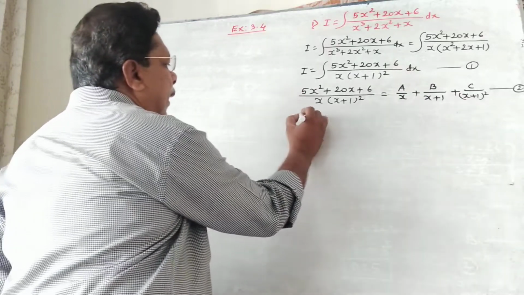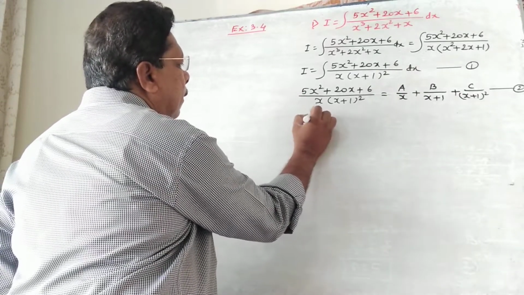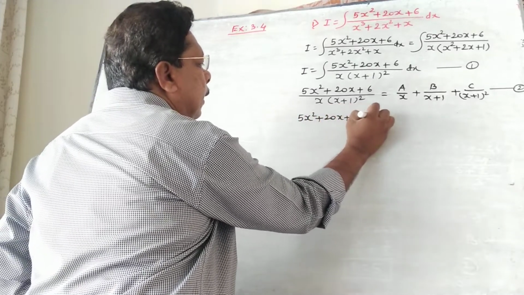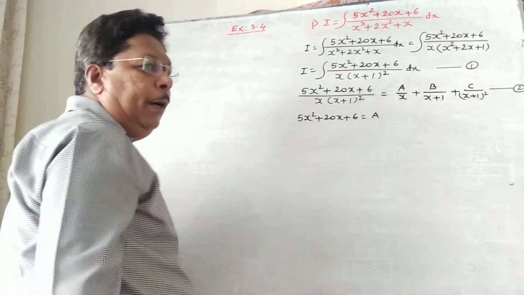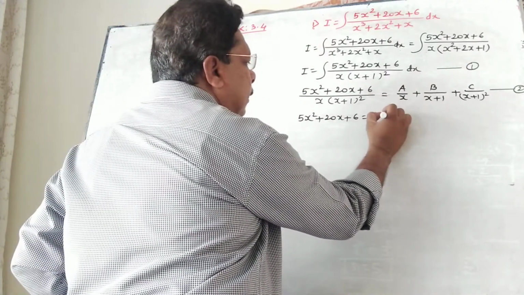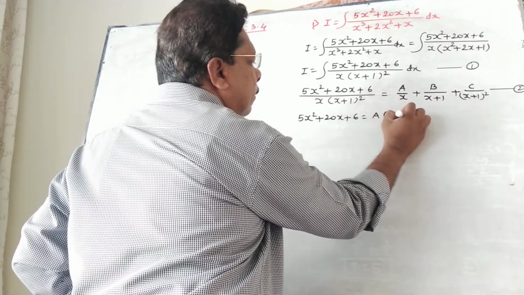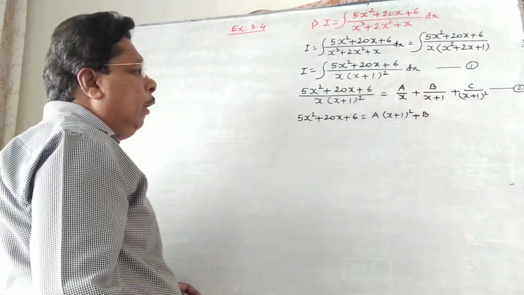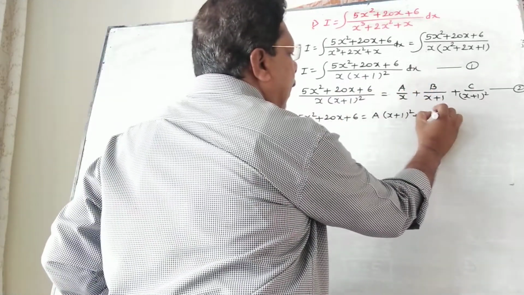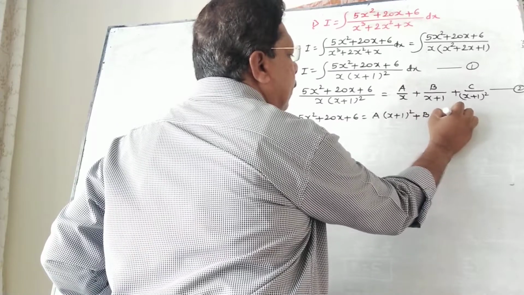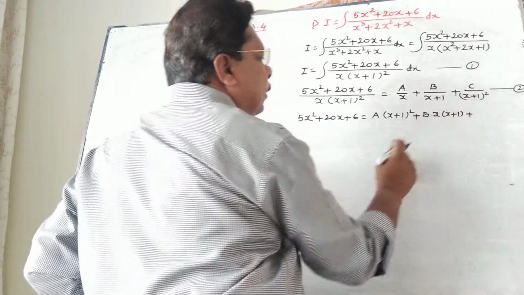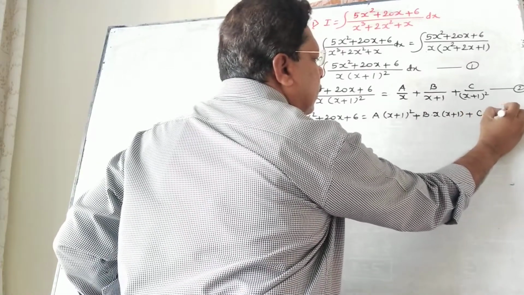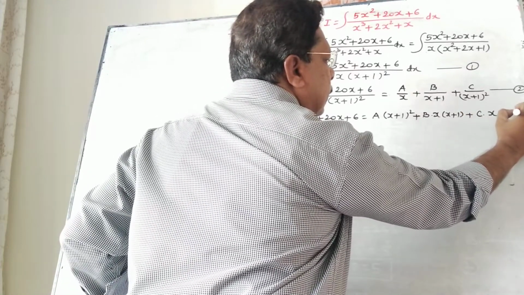So here the numerator is 5x square plus 20x plus 6 equals A into x plus 1 whole square, plus B into x into x plus 1, one factor of x plus 1 remains, plus C into x, since x plus 1 whole square is the denominator, only x remains. See this equation 3.